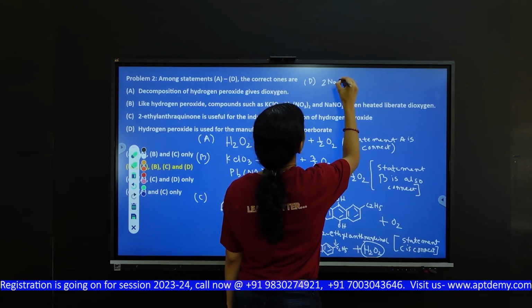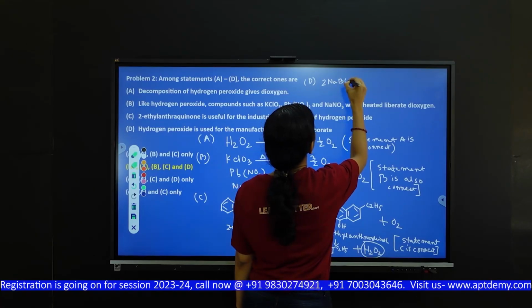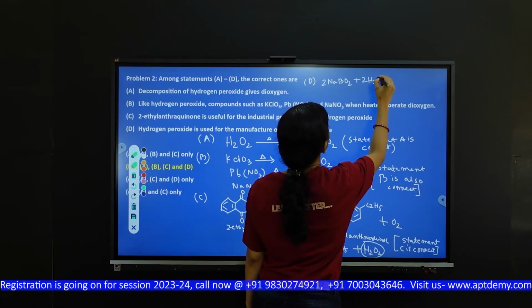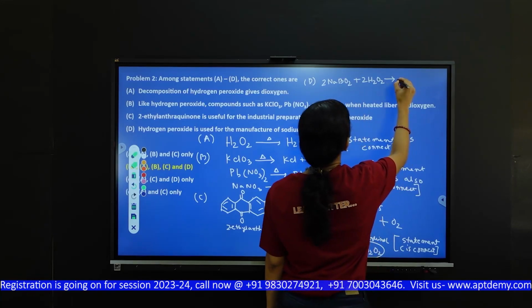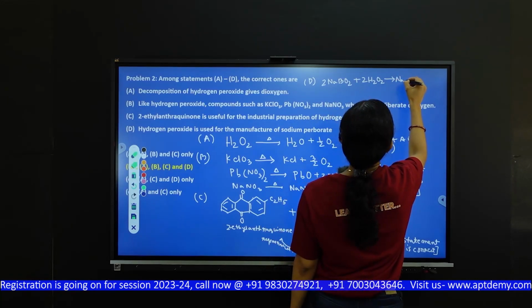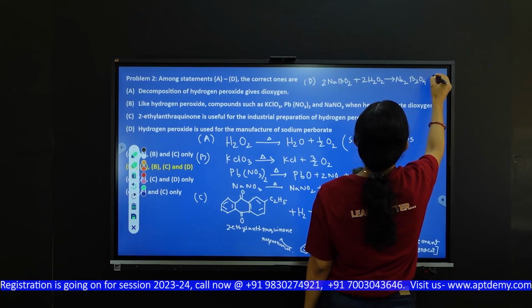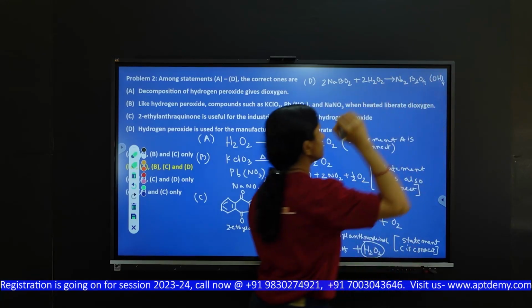If we use sodium metaborate, that is 2NaBO2, with 2H2O2, it will generate Na2B2O4(OH)4.